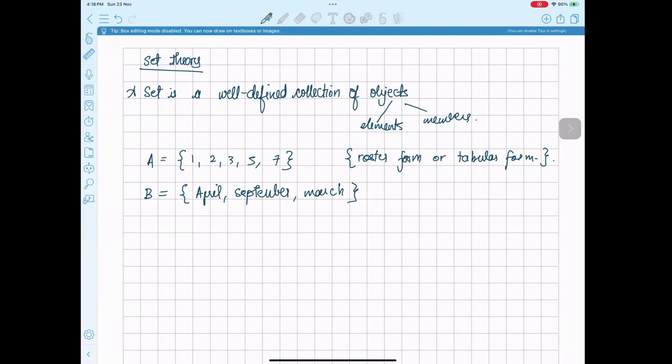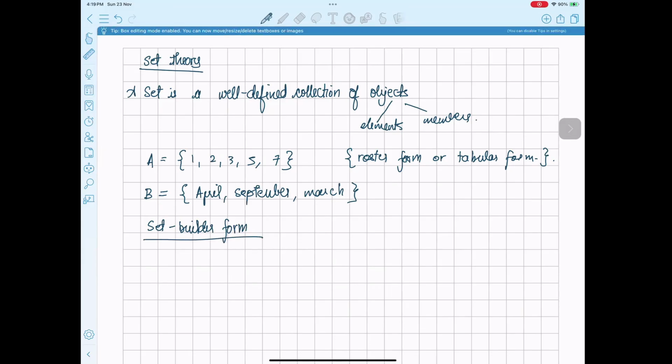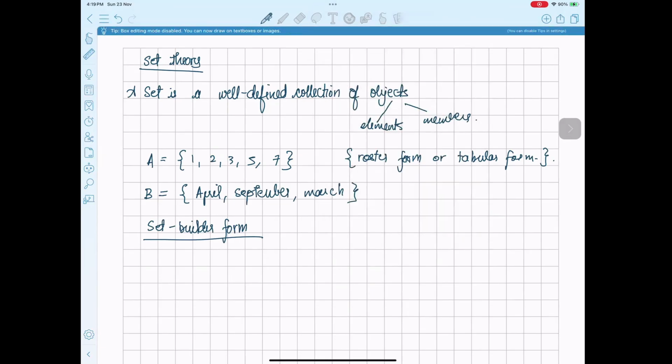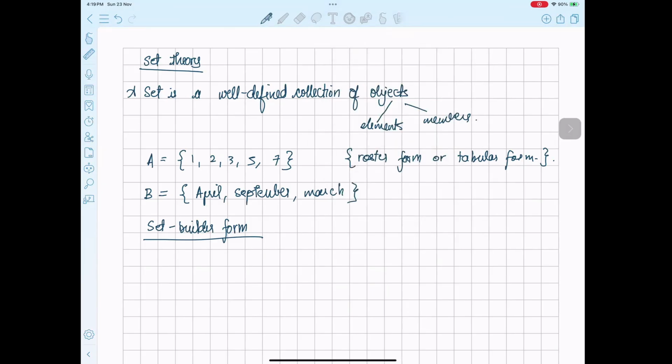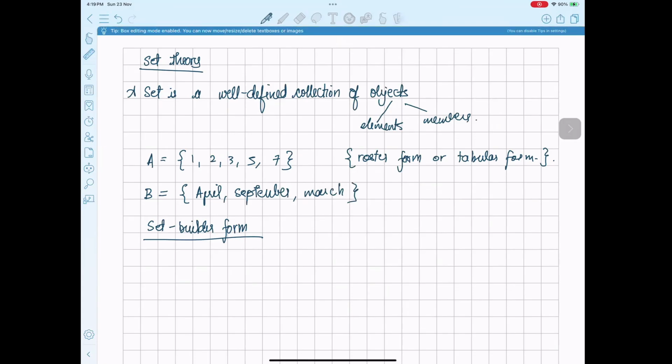This is one form of set that you can have. Another form that you can use to denote sets is the set builder form, which is very easy to understand once we go through a couple of examples. In a set builder form, instead of listing all of the elements using commas, we describe the entire set by some special property that is satisfied by all of the elements in the set.